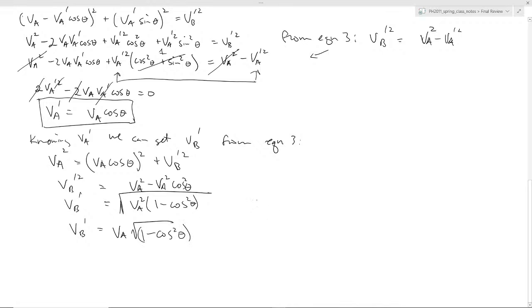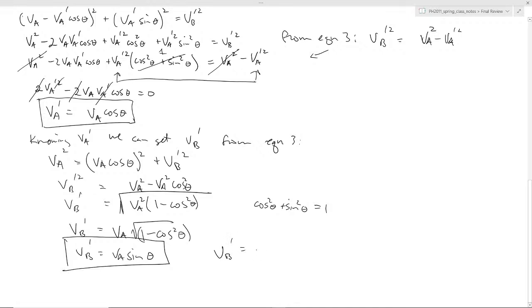Notice cosine squared, like we used before, 1 minus cosine squared is the same thing as sine squared, so this becomes VA sine theta. So now we have an expression for VB prime.